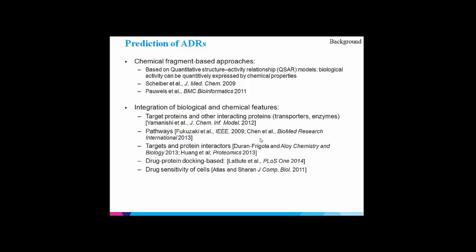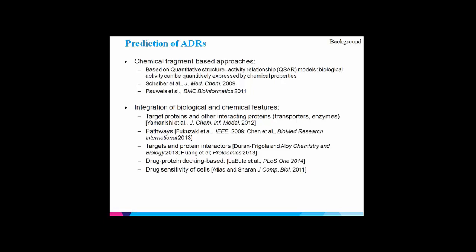However, most of the biological features used in those studies are based on the target proteins of those small molecule compounds or drugs, and there is a limitation to that.